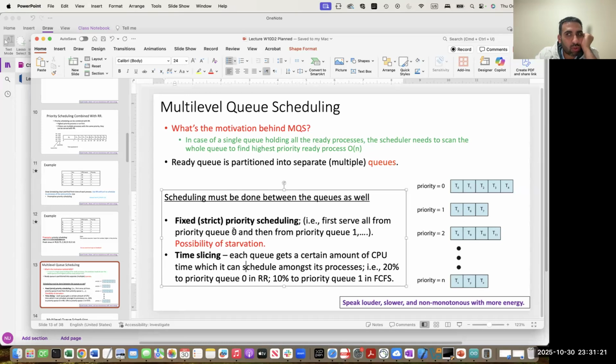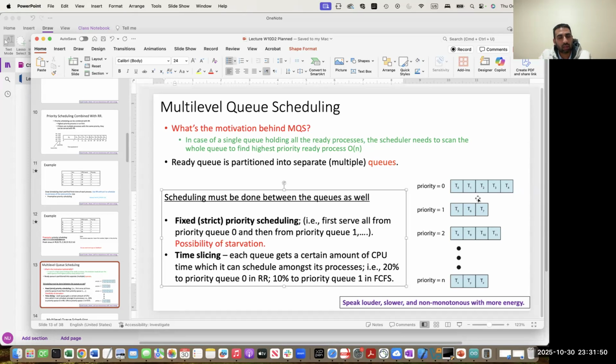The first approach is strict scheduling: if the upper queue is not empty, we cannot move to a queue of lower priority. The second is that we assign a time slice to processes sitting in each queue, like 20% time to the queue of priority level 0, then 10% time to the processes in the queue of priority level 1, and so on.